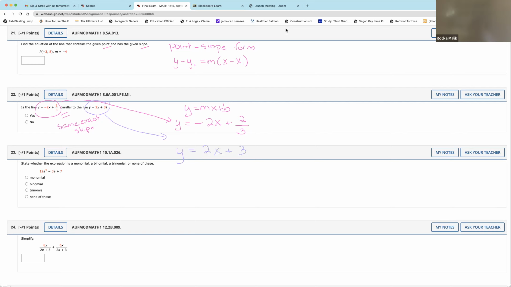The slope is the thing in front of the x, the m. This slope is -2. This slope is +2. They are not parallel. You do not have the same exact slope.